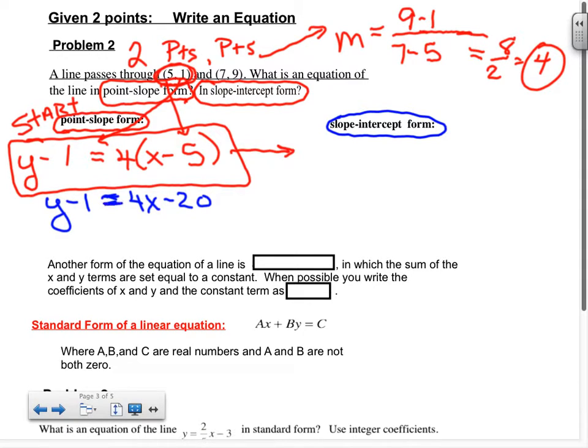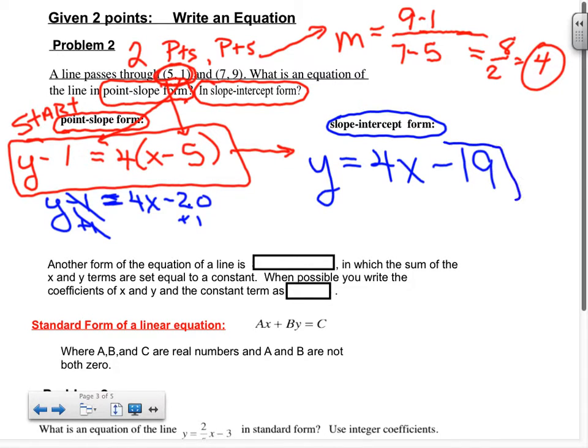Add 1, add 1. And when you add 1, these ones are out. And you end up with y equals 4x and negative 20 plus 1, it would be negative 19. And there is your equation of a line going through the 2 points 5, 1 and 7, 9.